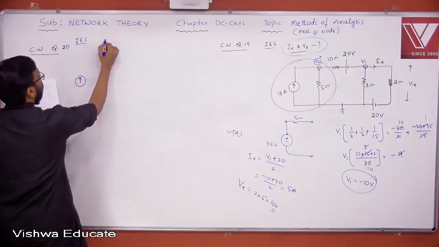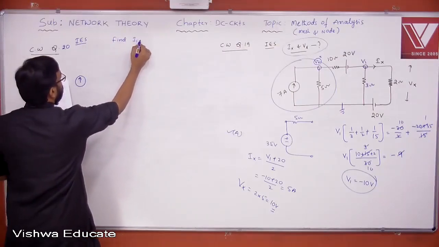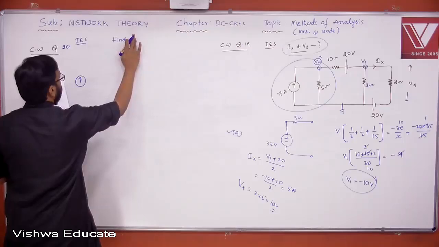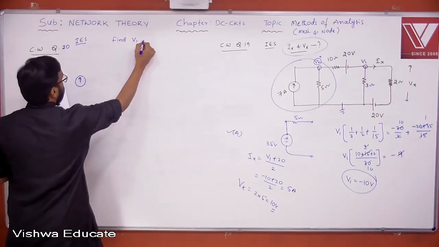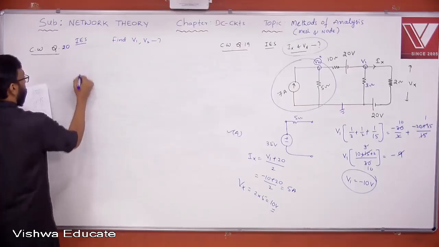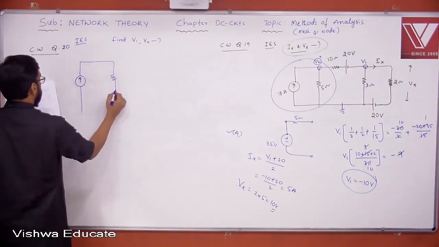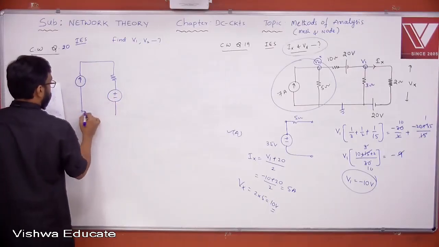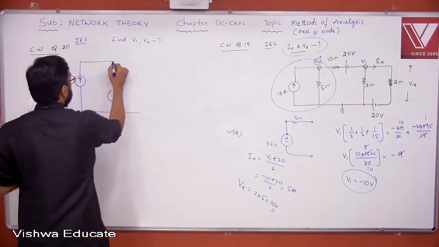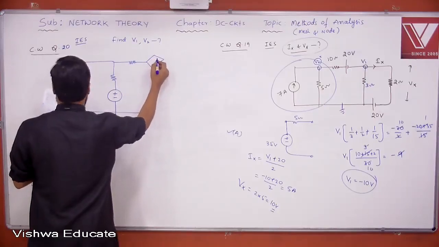The question is to find V1, V2. Find V1, V2.